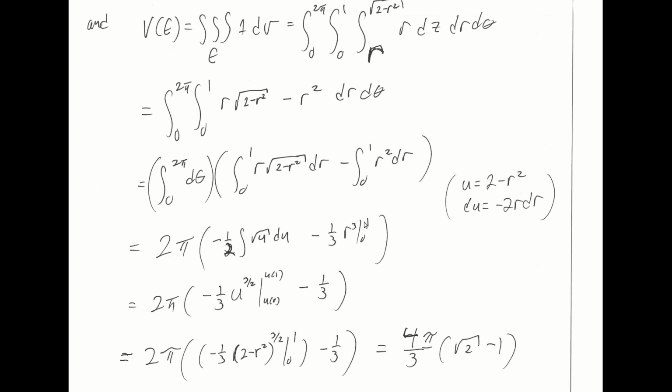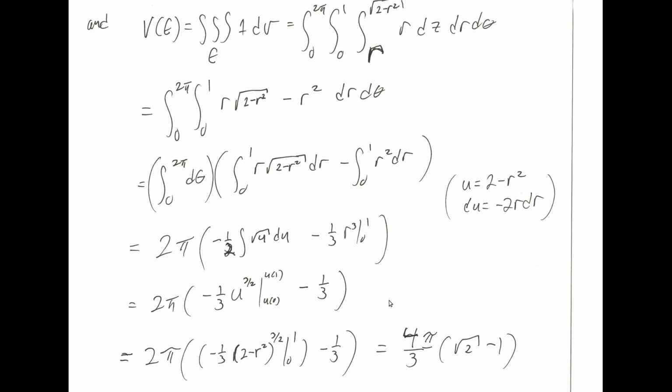The other integral with respect to r, as we said, is relatively simple. I plug in the limits of integration and get minus 1/3 here. And the integral with respect to theta was particularly simple. We just pick up a factor of 2 pi. This expression now simplifies. You have to do a bit of algebra here, but the final answer is 4/3 pi times root 2 minus 1.